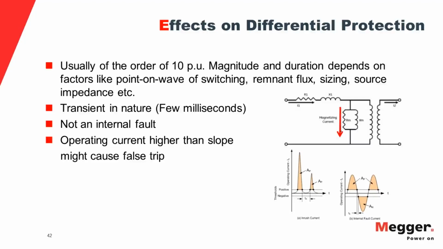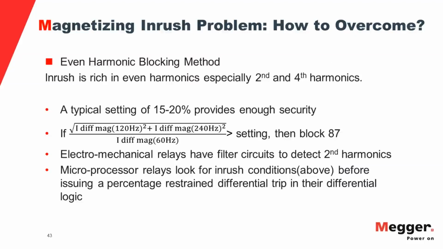If my second harmonic current goes beyond 15 or 20% of the fundamental current, then I would declare, hey, I have a magnetizing inrush condition, and I would restrain my relay from operation. Some relay designers said that if we include fourth harmonics in this logic, I would increase the security of the relay.